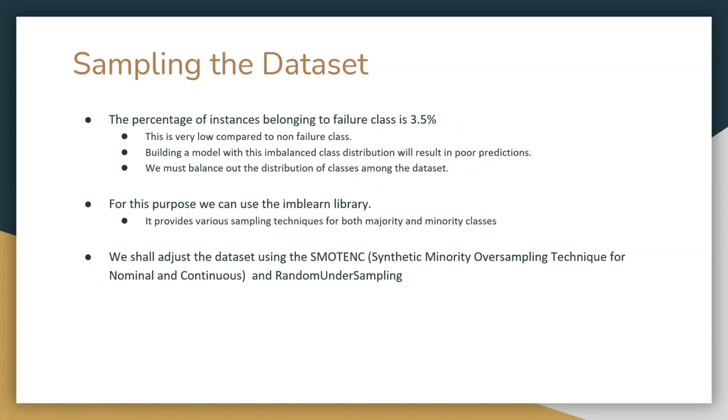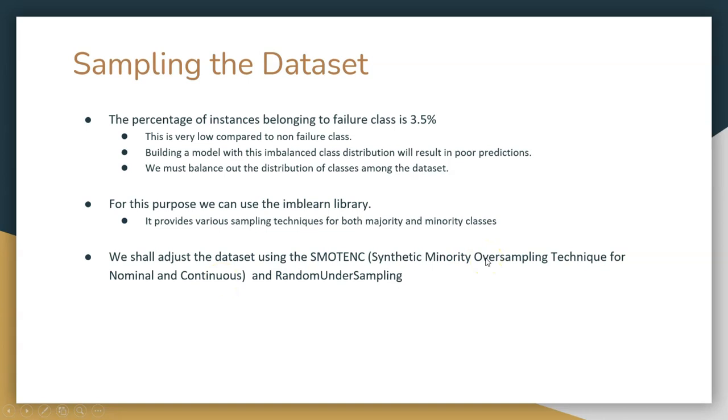No doubts about it. So the balance needs to be established, right? So for this purpose, we will use a library, right? We will use random undersampling and SMOTENC, right? Synthetic minority oversampling technique for nominal and continuous variables, right?